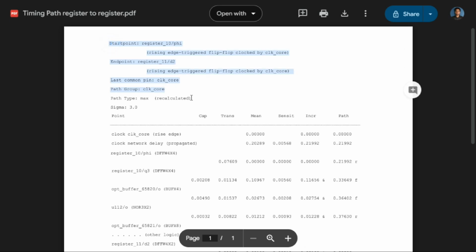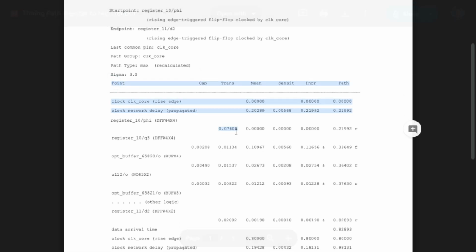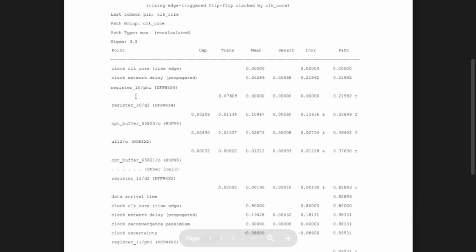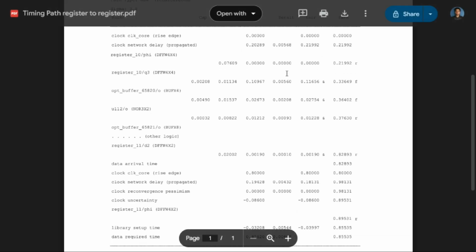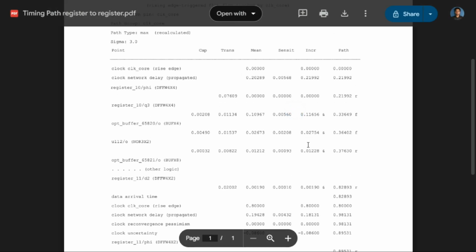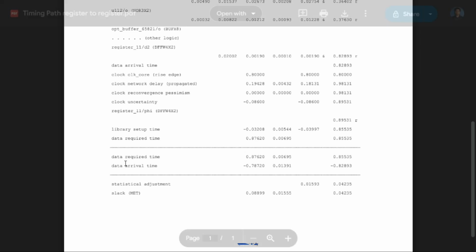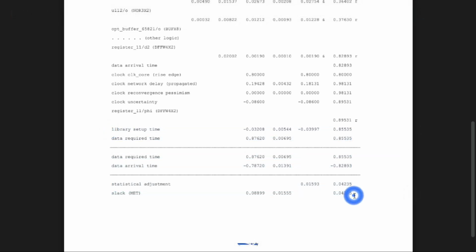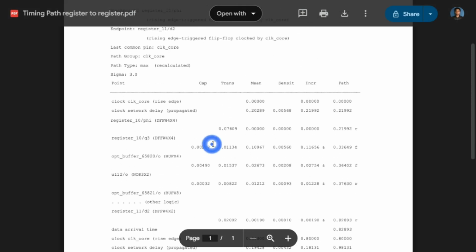This part of the report is called the header, where it gives the main information about the path. Then it gives the description of the path and what are the contents of the path, what are the cells in the path and their delay and other details. And at the end, what you get is a calculation of the slack, how the slack is calculated. Okay, so these are the main three parts of your timing report.